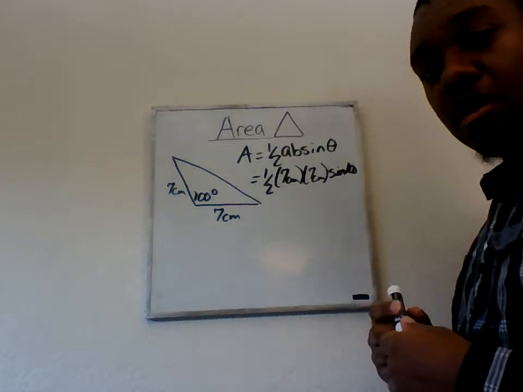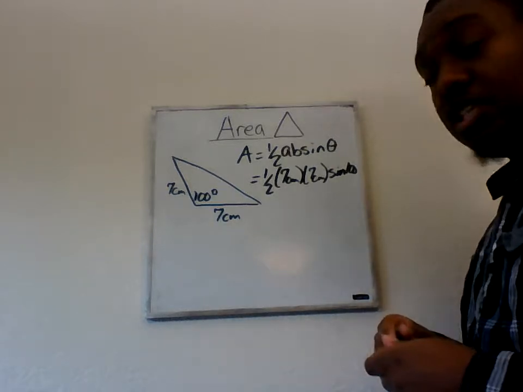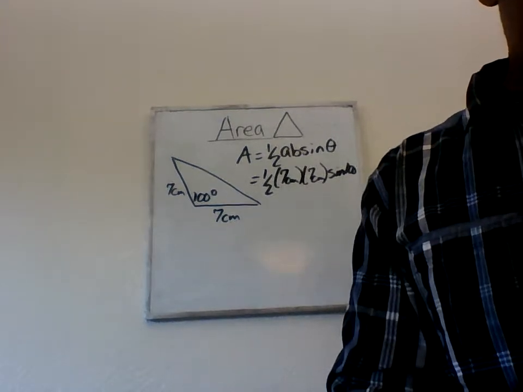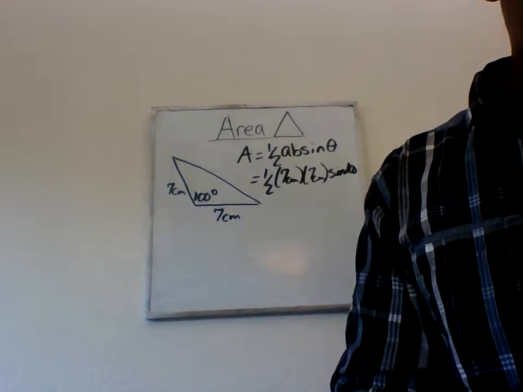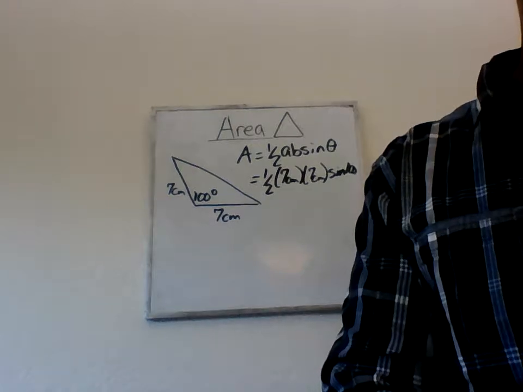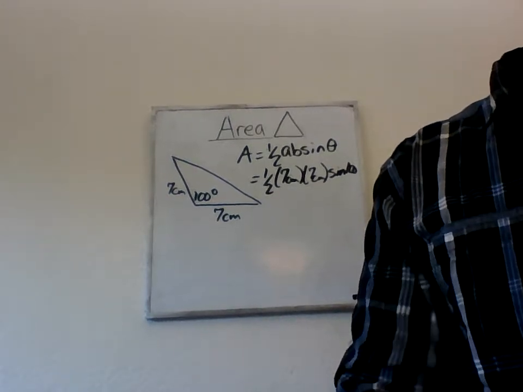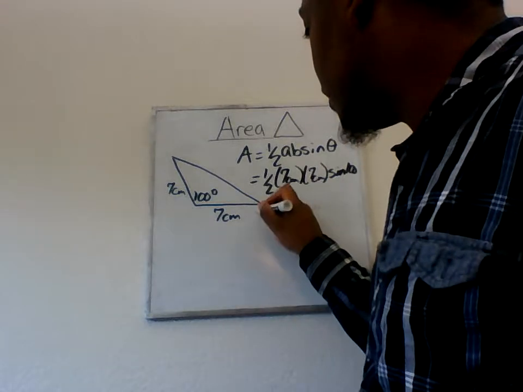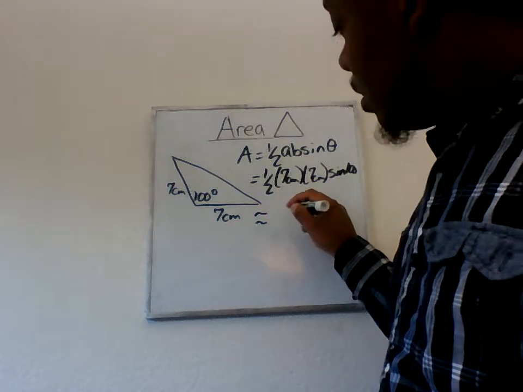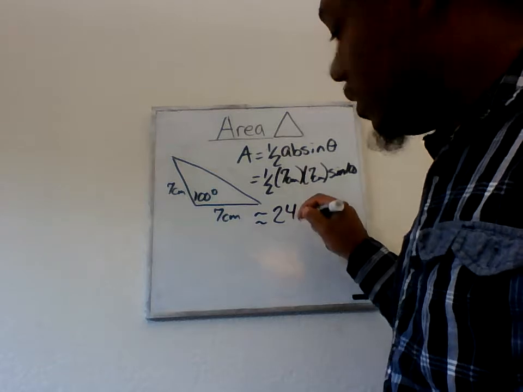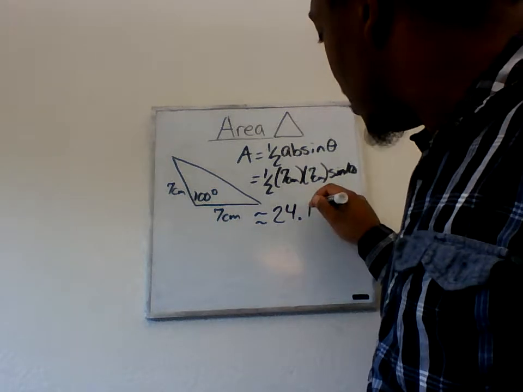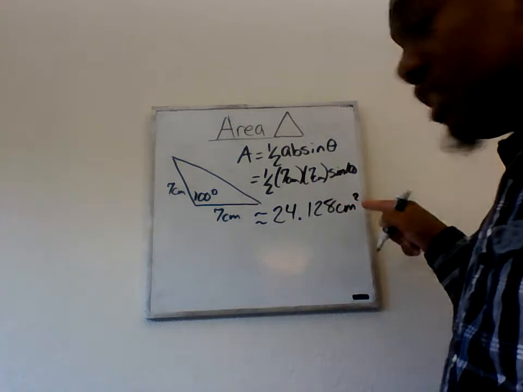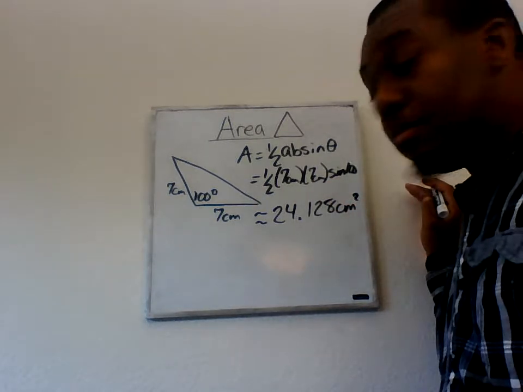Okay, so how do I do that? Well, I could just plug that into my calculator from here. So I get 1/2 times 7 times 7 times sine of 100 degrees, and I get that this is approximately 24.128 centimeters times centimeters gives me centimeters squared.